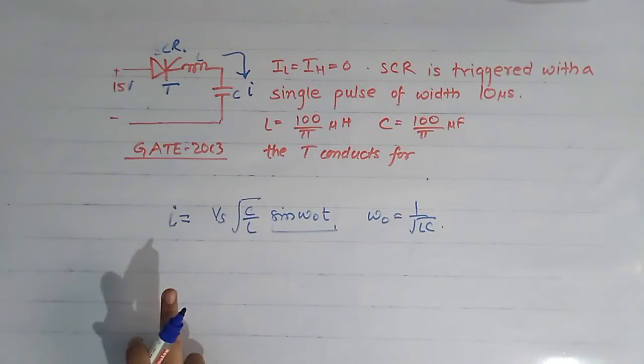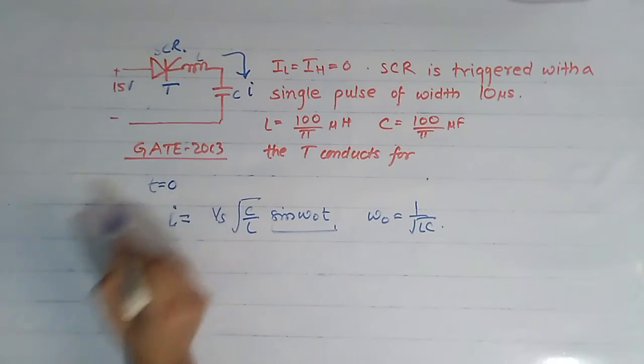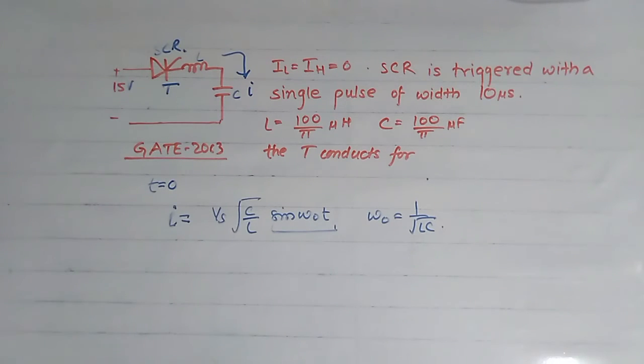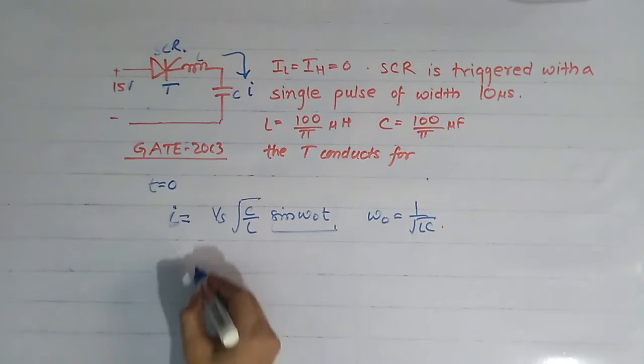Second thing is, if we trigger this SCR at t is equal to 0, then this SCR immediately turns on, because latching current and holding current are equal to 0, and it will also turn off immediately when the polarity of voltage reverses. So this current I is a sinusoidal waveform.